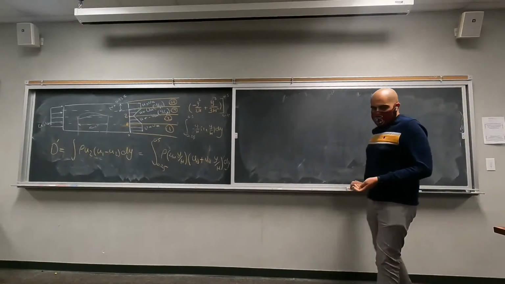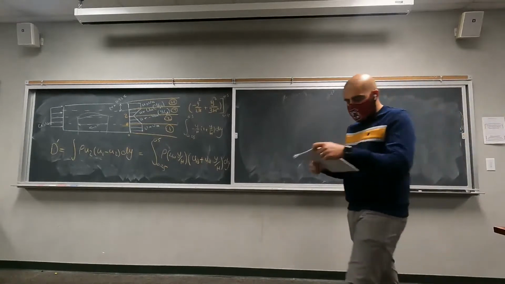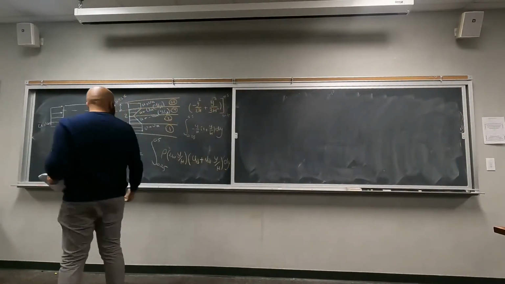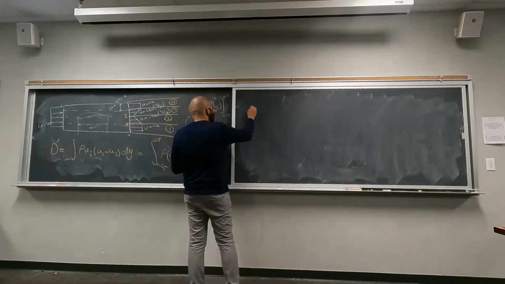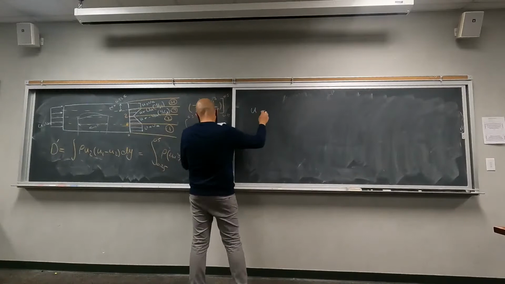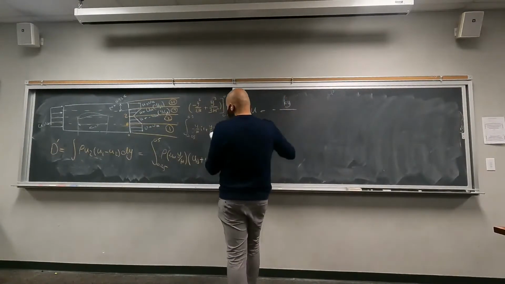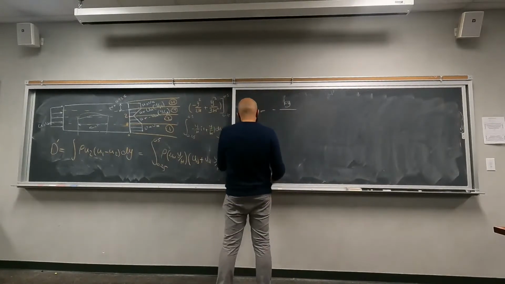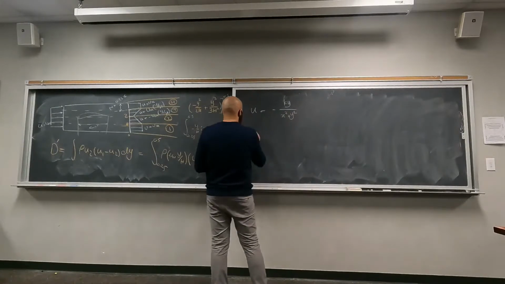The next example is telling us that we have a two-dimensional incompressible flow. So 2D incompressible. We have the velocity component u as negative ky, where k is a constant, like it can be 2, 3, 4, 5, whatever, divided by x squared plus y squared.